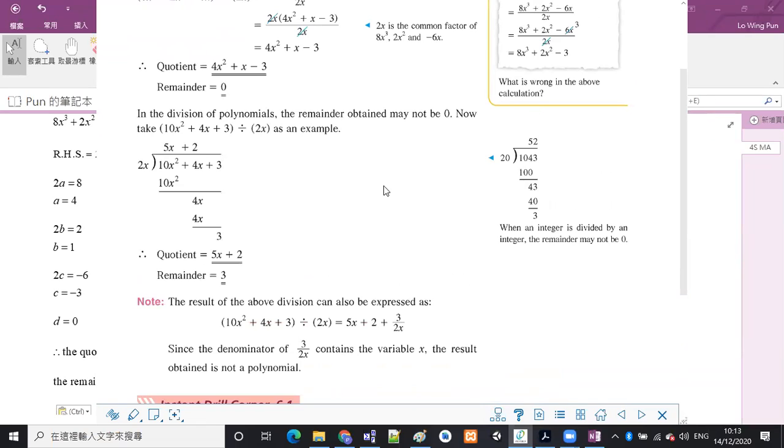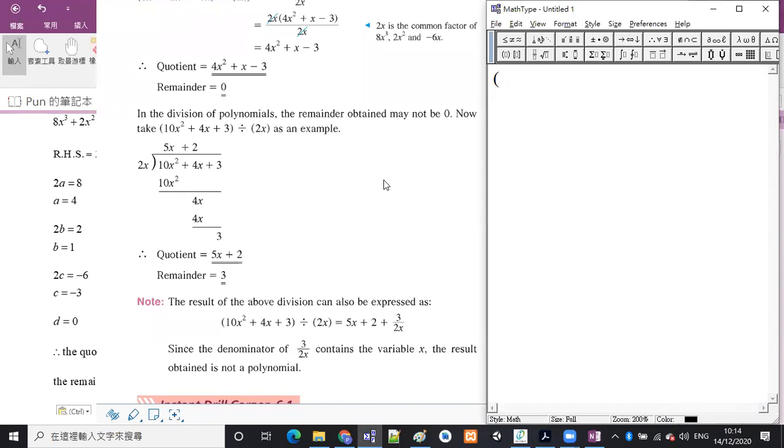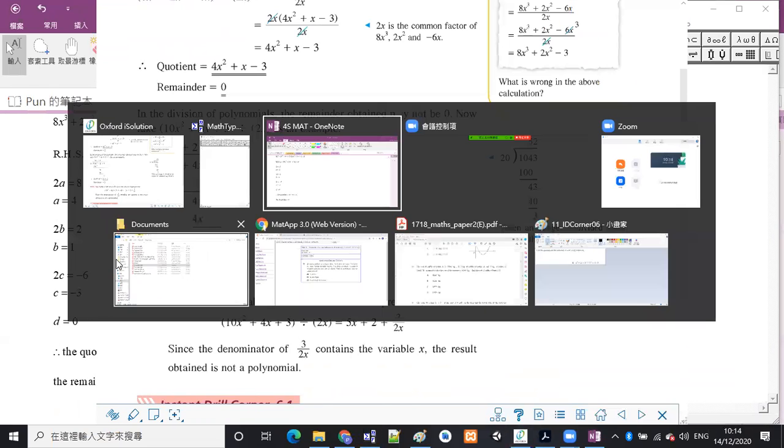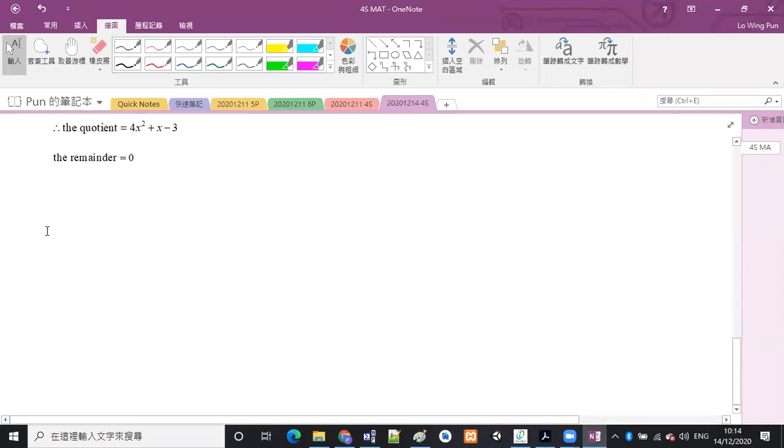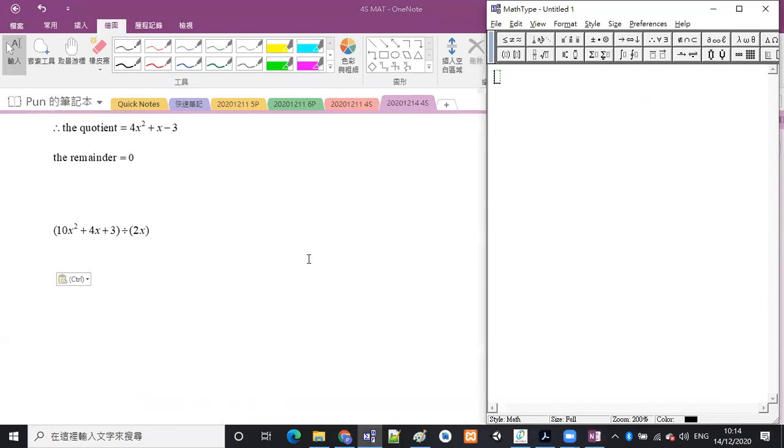Let us do this example. So now we want to do this 10x squared plus 4x plus 3 divided by 2x. Okay, and then we know that the degree of dividend is equal to 2, okay? Because dividend is 10x squared plus 4x plus 3, right?